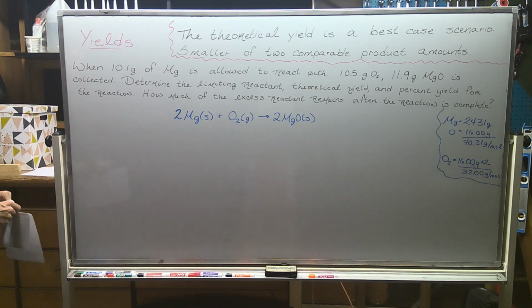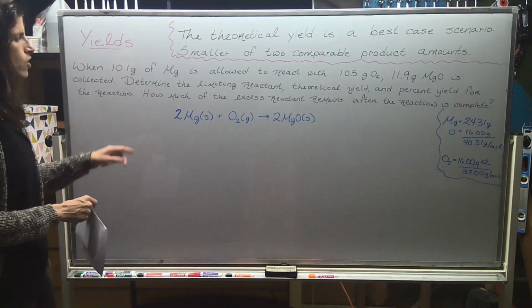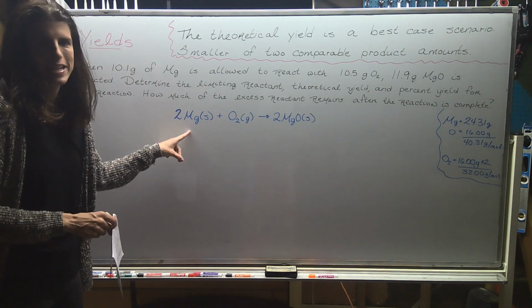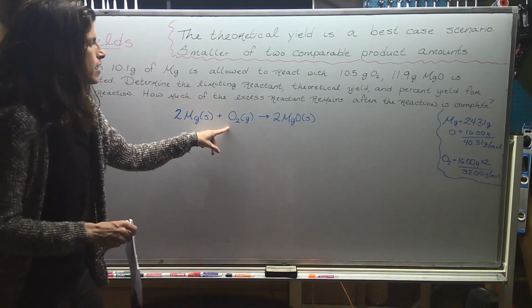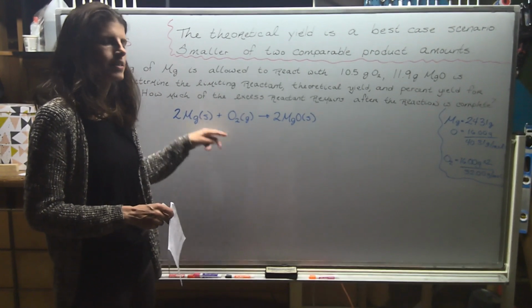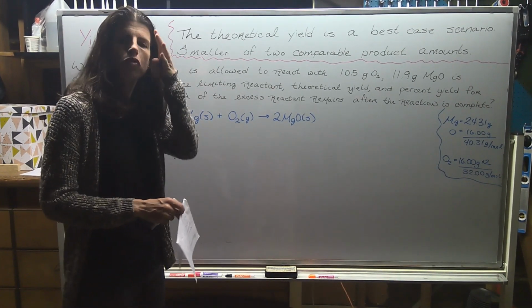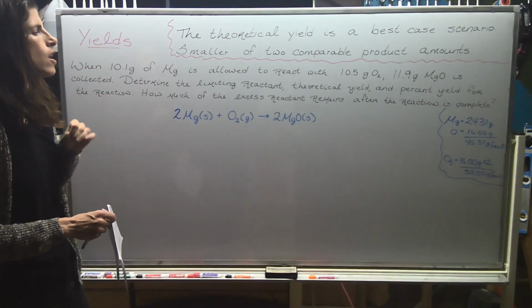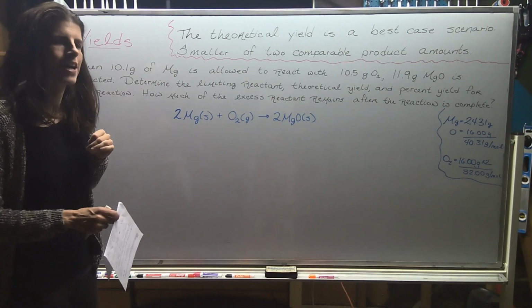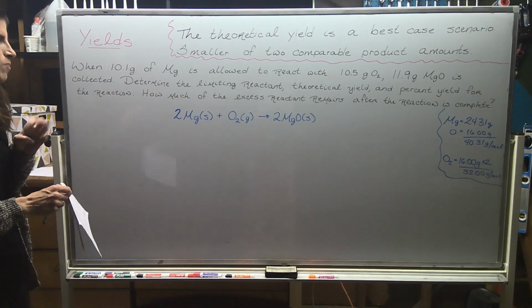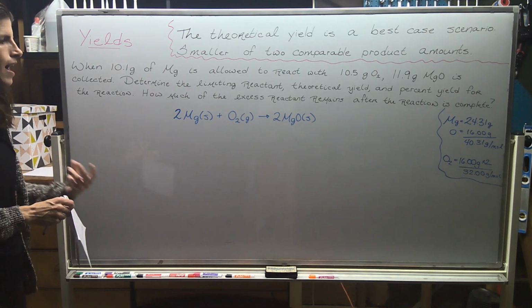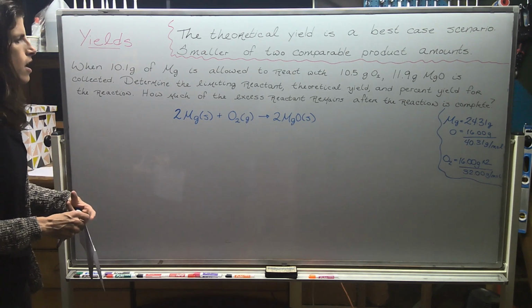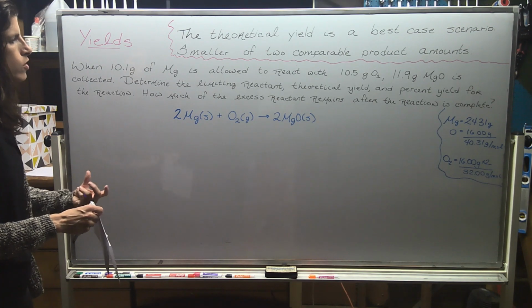Alrighty, so this first problem is one that you've actually done. This is when you take that magnesium metal and you burn it in the presence of oxygen gas, and you're told not to look at it directly, right? You have to shield your eyes because of the UV light coming off of that as it burns. And even on this one, I like to ask students, what is the main source of transfer loss?